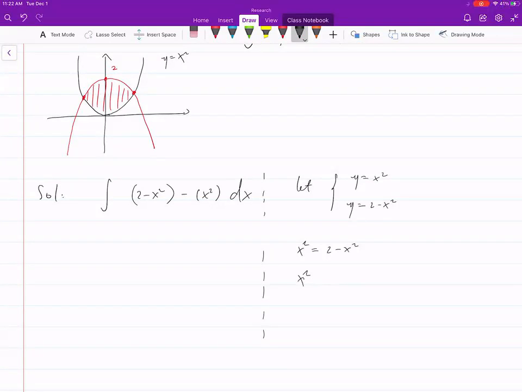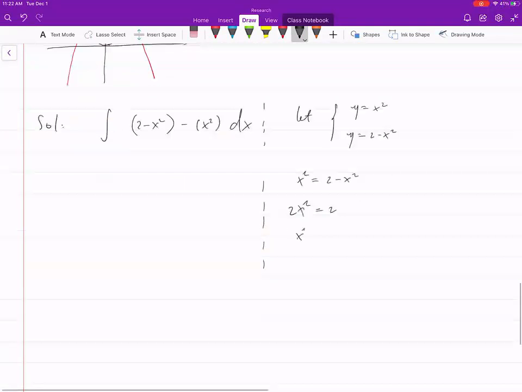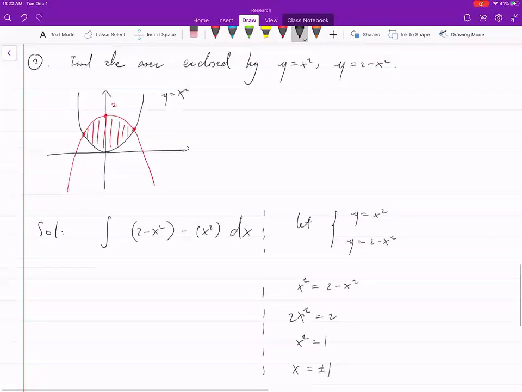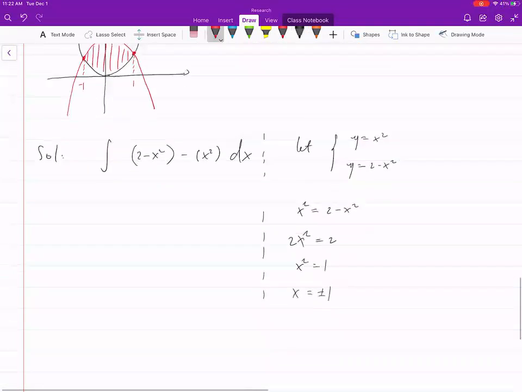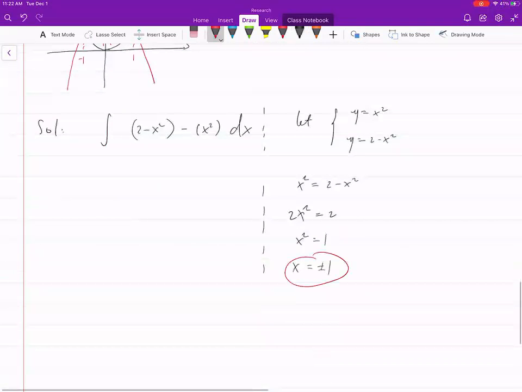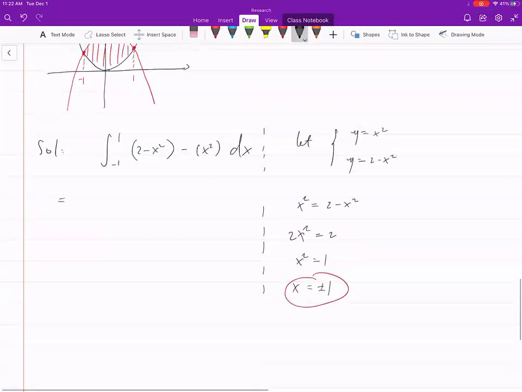Something is wrong. Oh, no, it's not wrong. It's right. And according to what we see, this is negative 1. This is 1. It's not given. It's found by ourselves. But once we have that, the rest will be easy.